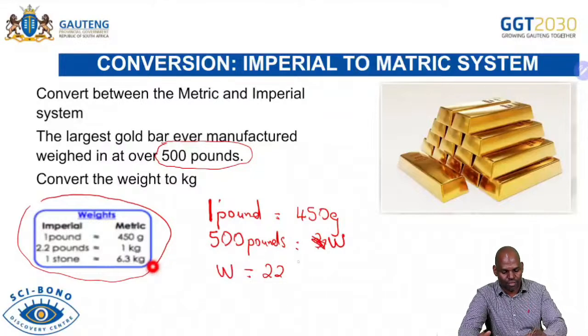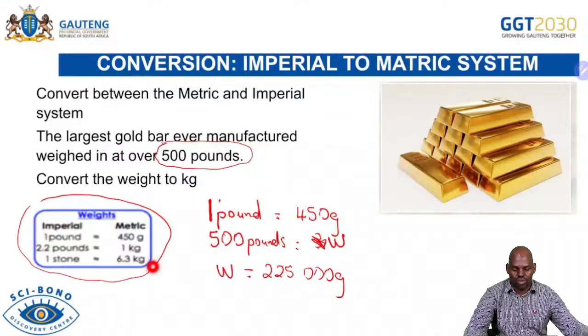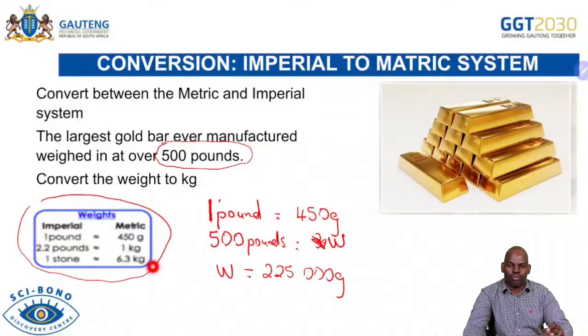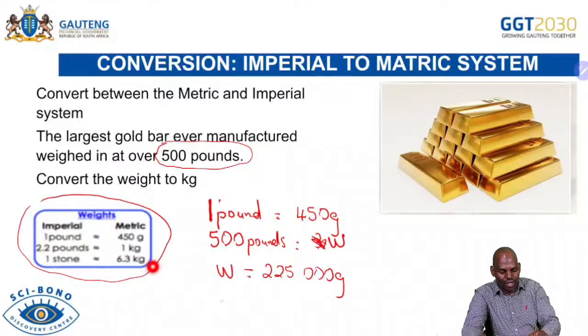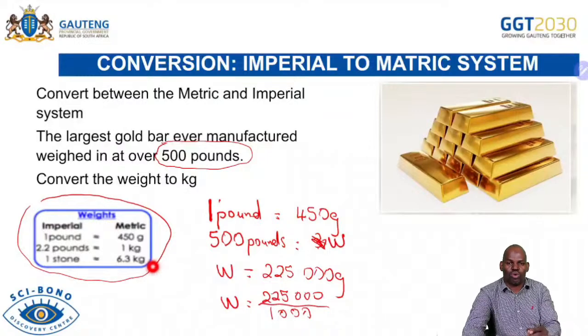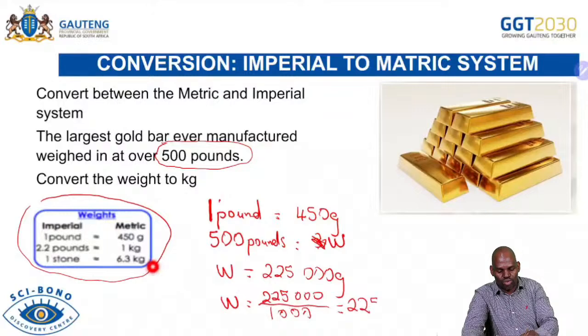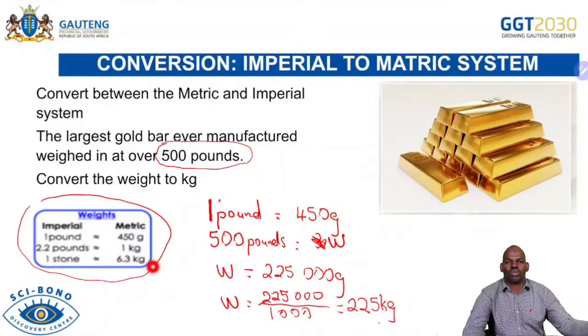But remember this 225,000 is in grams. Now how do we convert from grams to kilograms? We divide. So we say this will be 225,000 divided by 1,000, because you know that if we want to convert from grams to kilograms, we divide it by 1,000. So this will give us 225 kilograms.